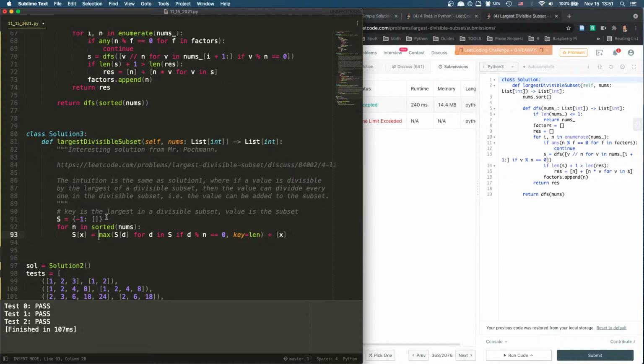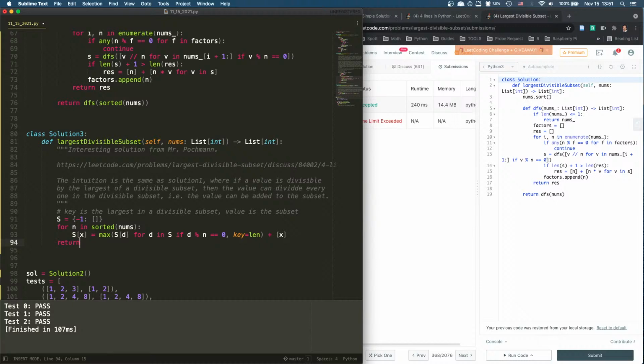Hold on. Maybe it won't pass now. We shall be able to remove d. Oh wait, we cannot remove d.